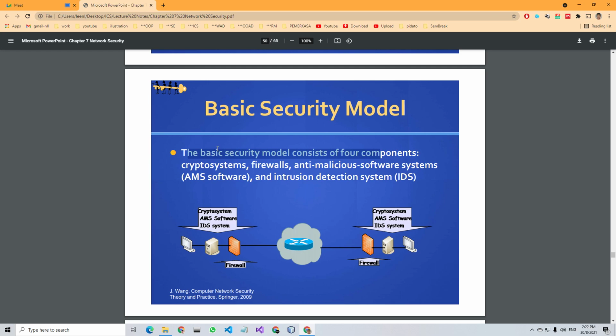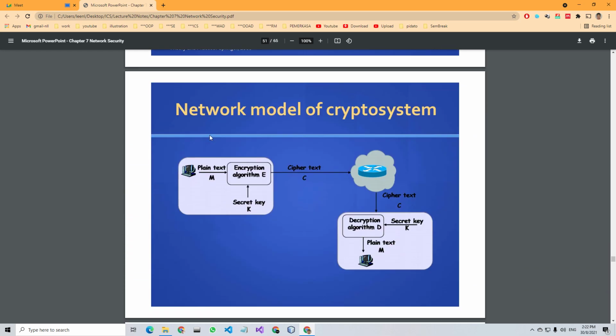So the diagram here shows a sender who wants to transfer some sensitive data to the recipient. Look at this.